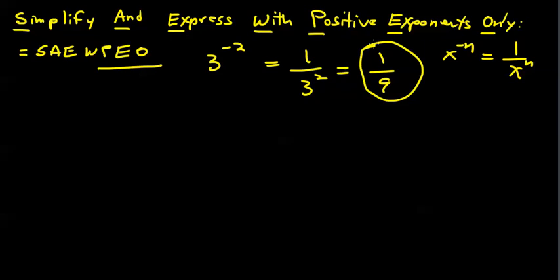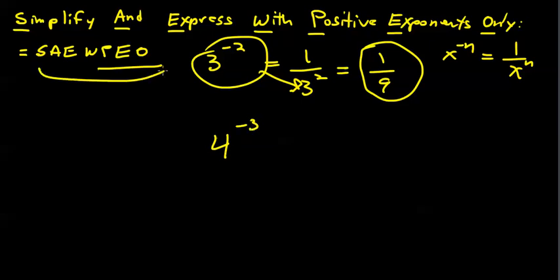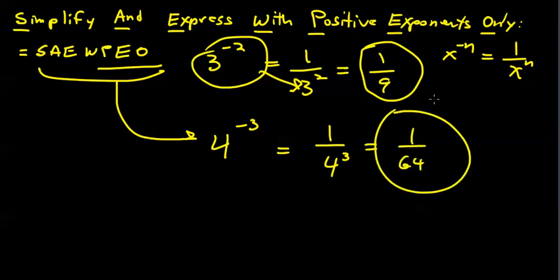You simply take your expression, move it downstairs to the denominator level, and change the exponent from negative to positive. Right. Again, 4 to the minus 3 power, simplify and express with positive exponents only. That's equivalent to 1 over 4 cubed, and 4 cubed is 64. So final return there is 1 over 64.